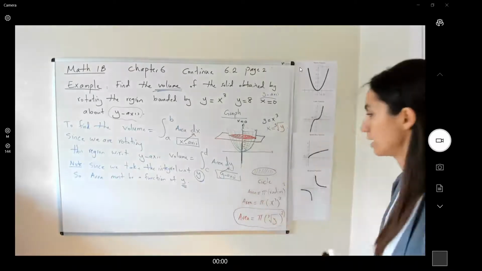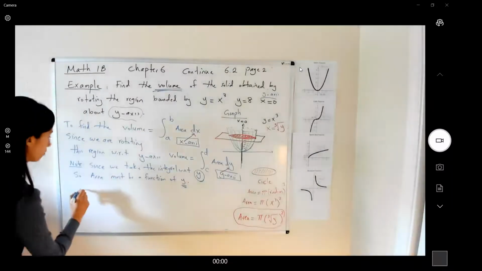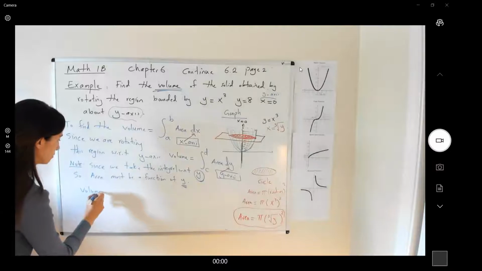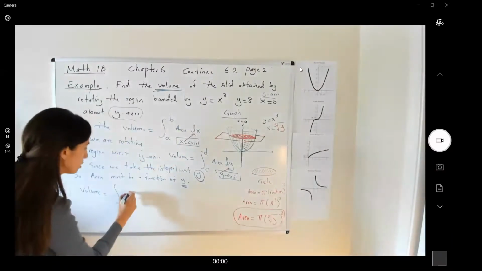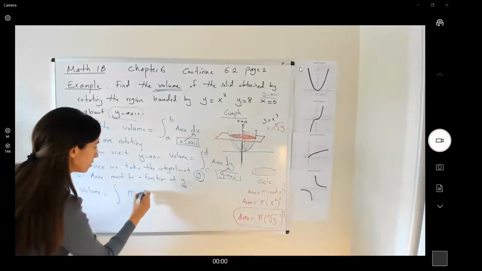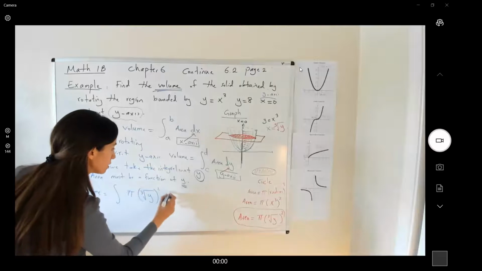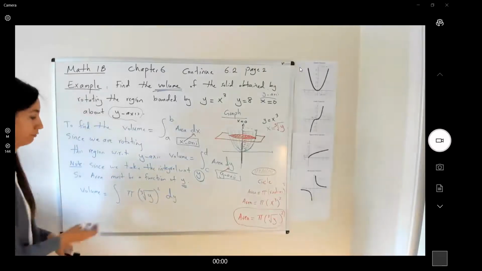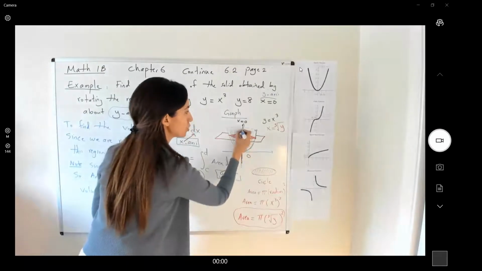This is your area. So my volume is equal to the integral of pi times the cube root of y squared dy, and y ranges from 0 to 8.